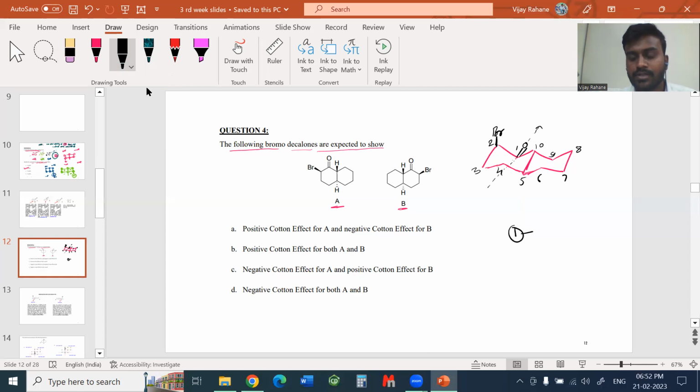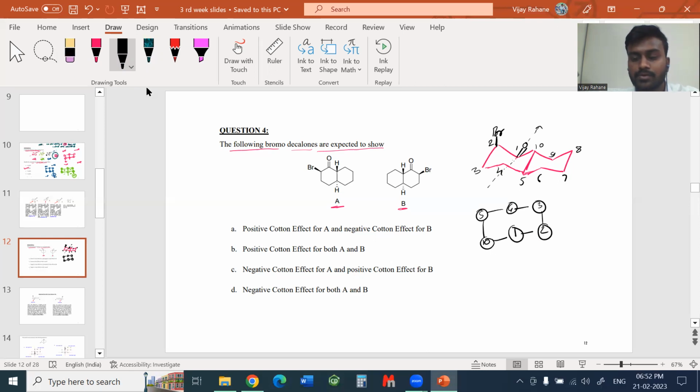If you see from that side, we need to do the opposite, right? If you see from this side, it looks like the left side, but it should be the right side. Here 3, then 4, 5, and here will be 10.